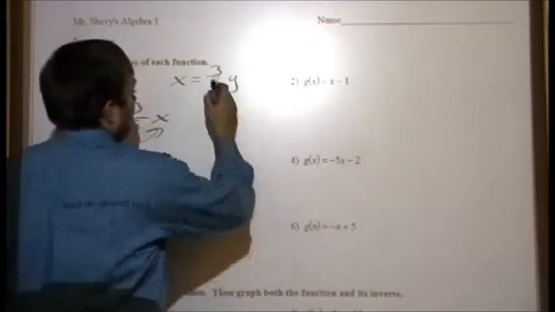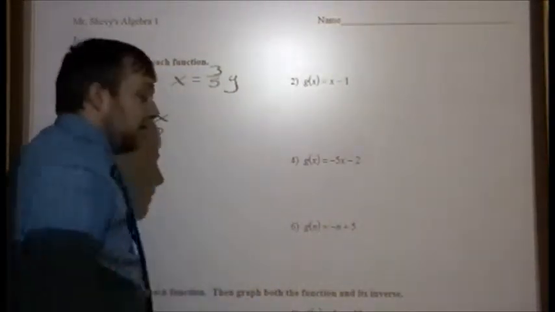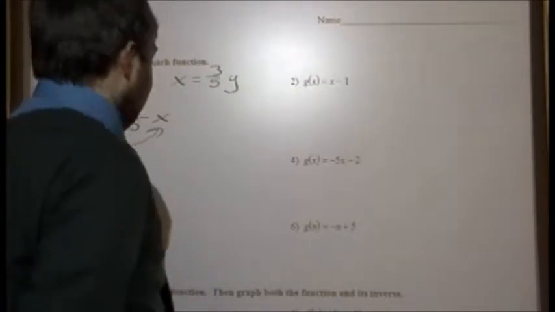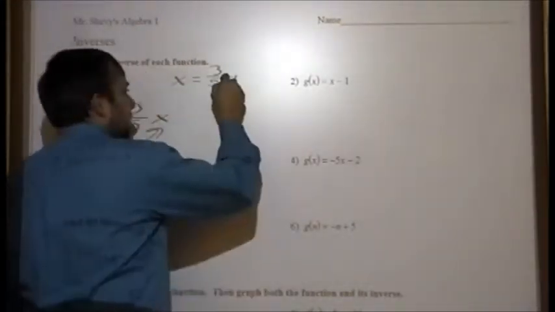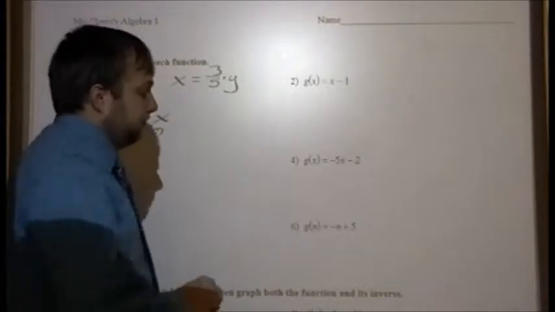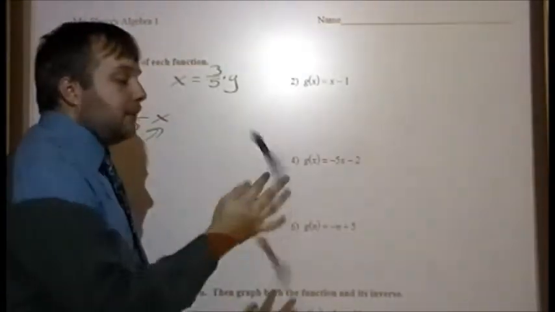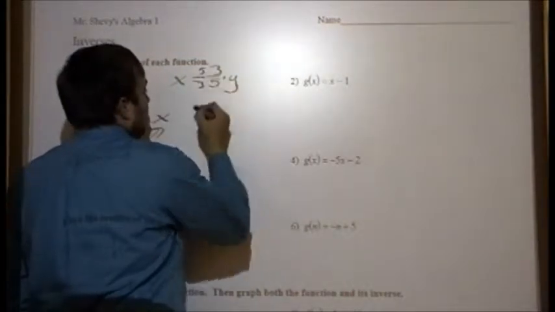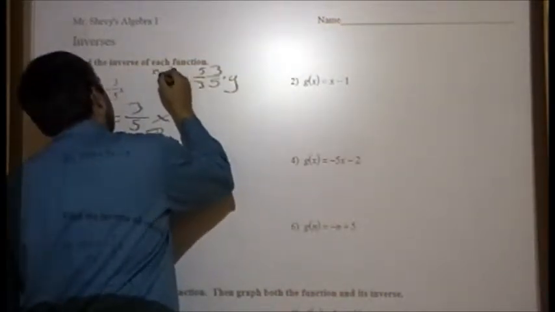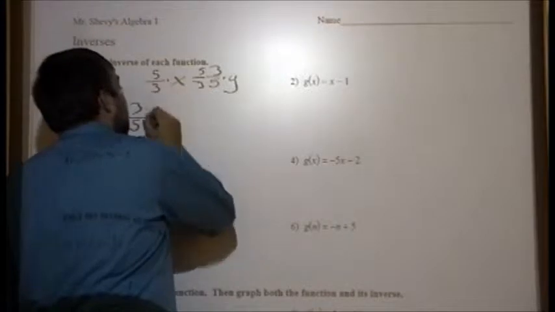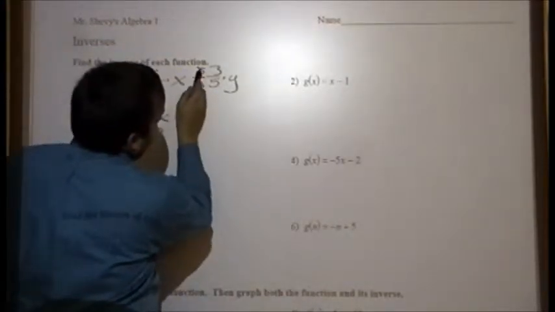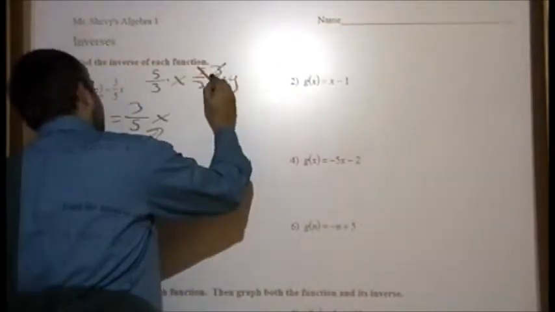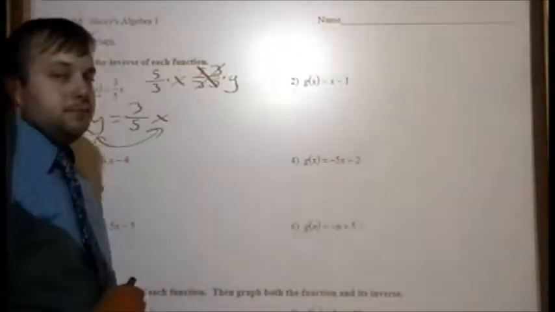You got to get y by itself. So how do I get rid of this 3/5? Many of you probably have forgotten this. How do I get rid of a fraction? It's being multiplied. Would you agree that if I took the reciprocal, 5/3, and multiplied this by the reciprocal 5/3, that 5 is going to cancel out with that 5, and this 3 is going to cancel out with that 3?